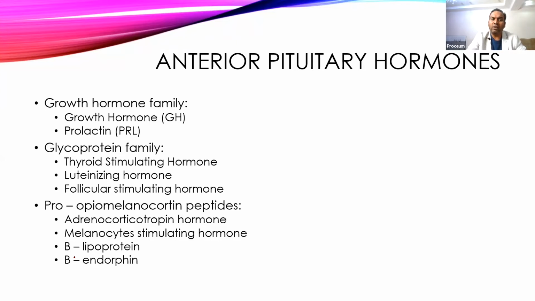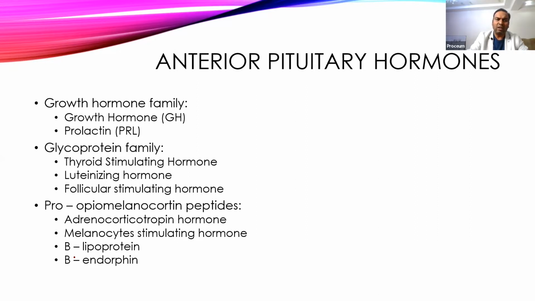In the glycoprotein family, these are TSH, luteinizing hormone, and FSH, structurally glycoprotein-type hormones. The pro-opiomelanocortin hormones contain melanocortin as part of their peptides: adrenocorticotropic hormone, melanocyte stimulating hormone, and then beta lipoprotein and beta endorphin. These are the hormones released by the anterior pituitary.